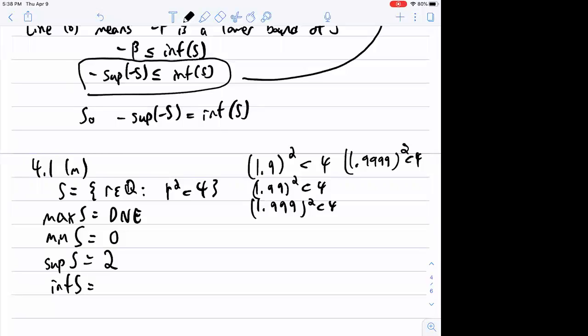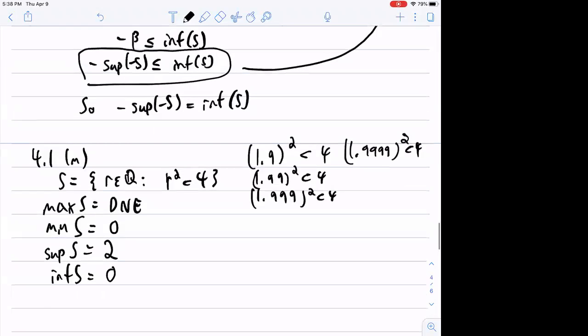So don't be confused. It's the set of r in Q, and r squared is just a condition. In this case, if a min exists, the infimum is the min. So why does the min exist? I'm saying obviously 0 is in the set.